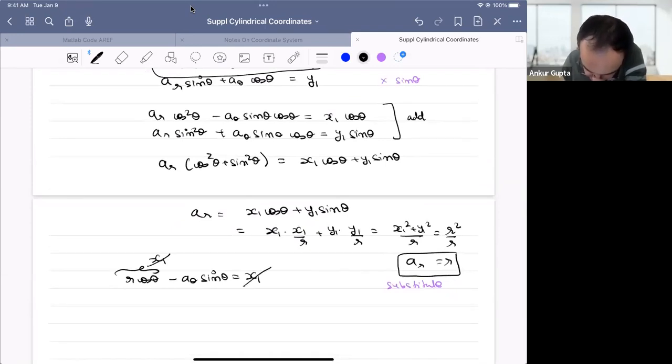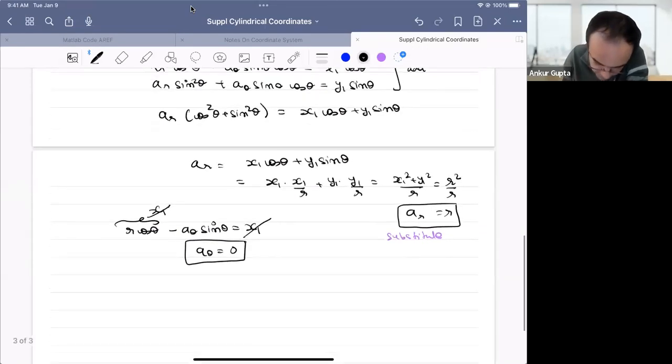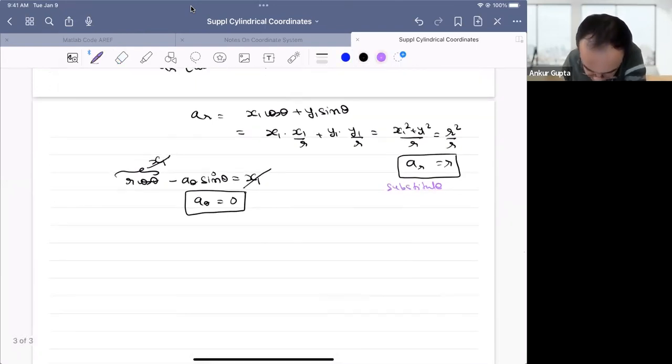This goes away, and so you get A_theta is equal to 0. But finally, what I'm getting is A vector is equal to A_r e_r hat, and there is no A_theta because A_theta is 0, or simply this is R e_r hat. And this is also equal to x1 i hat plus y1 j hat.